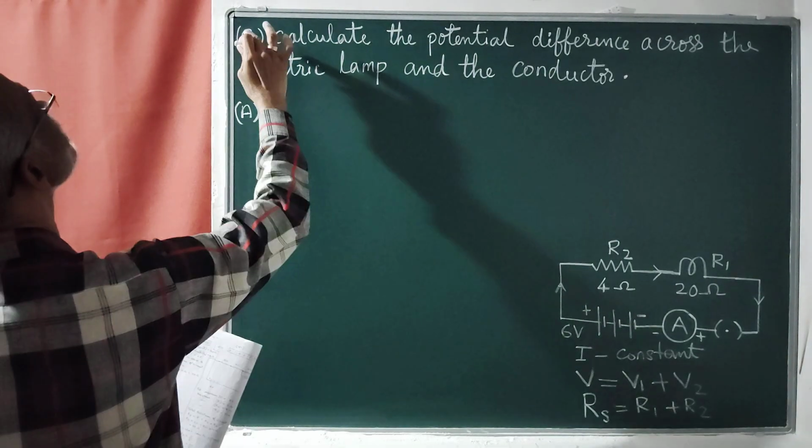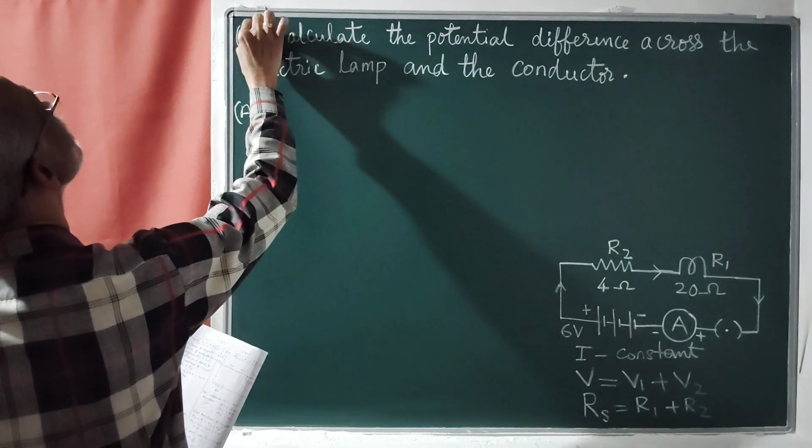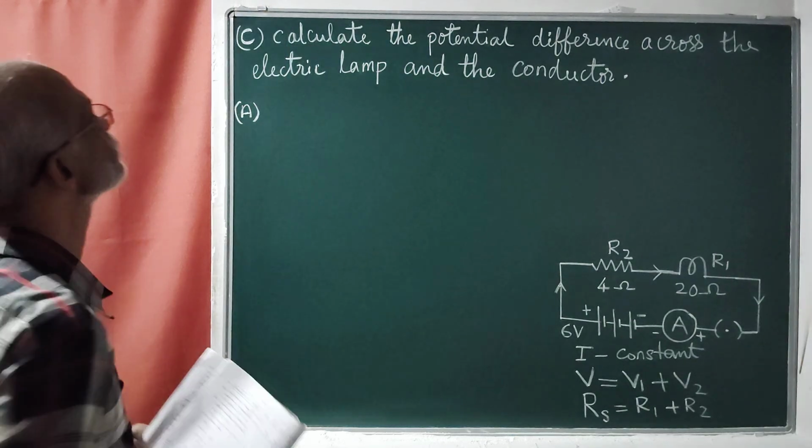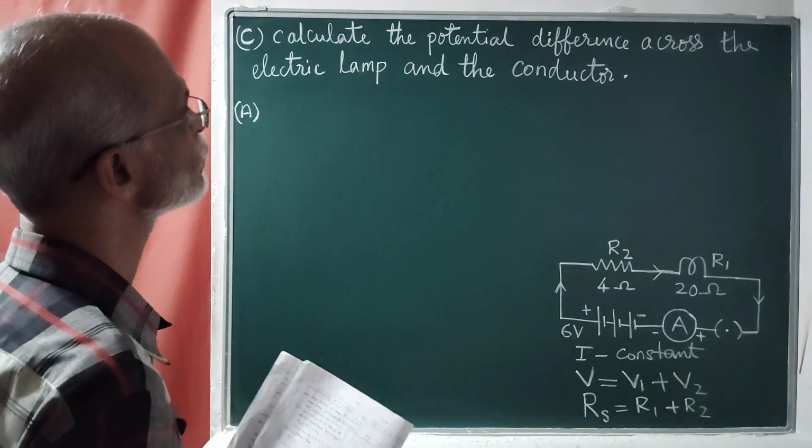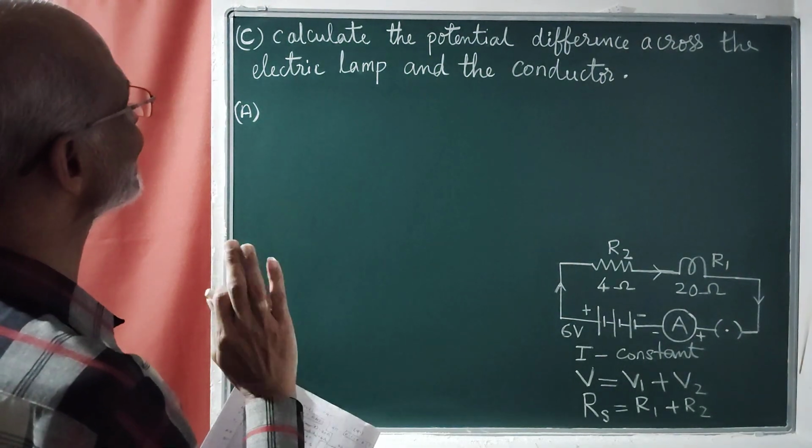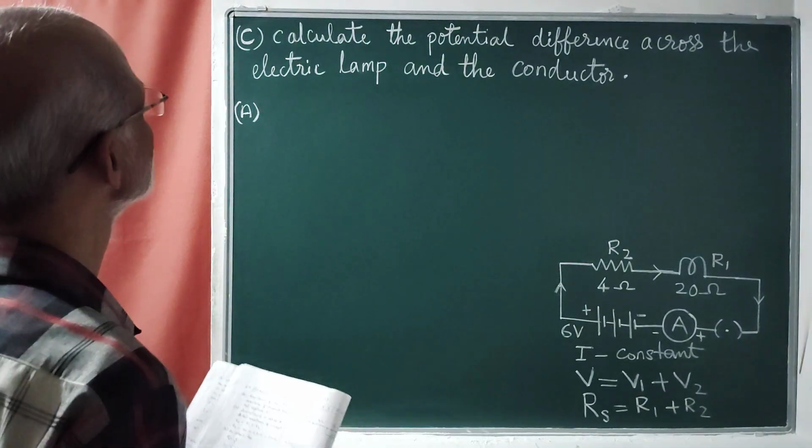So for part 3 of the question, we have to calculate the potential difference across the electric lamp and the conductor.